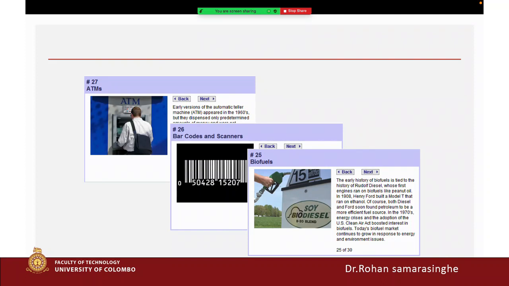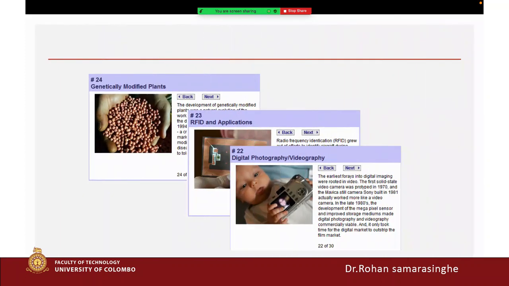Also ATM machines, barcodes and scanners, biofuels, and genetically modified plants, RFID applications, digital photography and videography. Nowadays, this digital photography and videography can be done using your mobile phones also. That facility is given to the mobile phone.